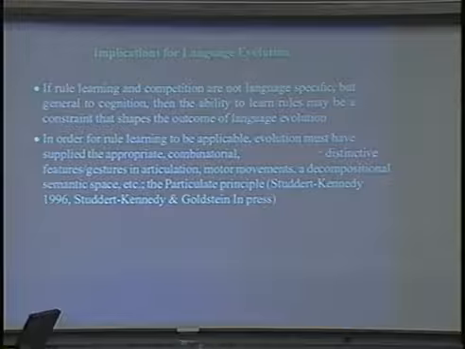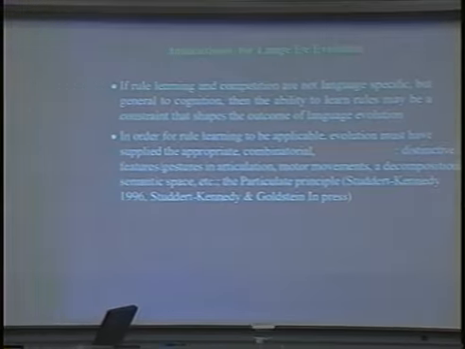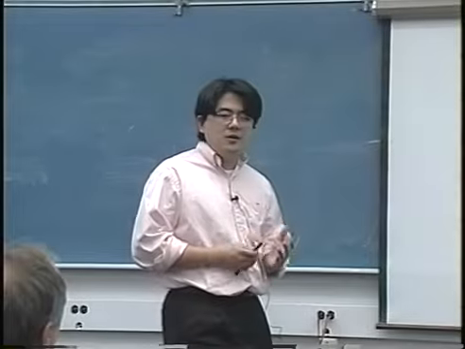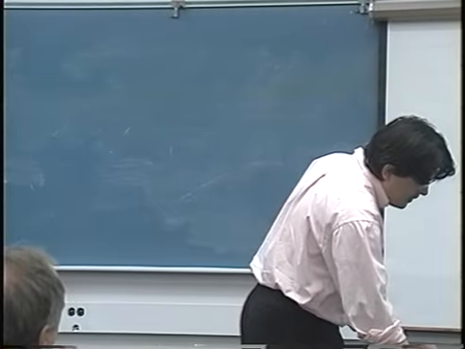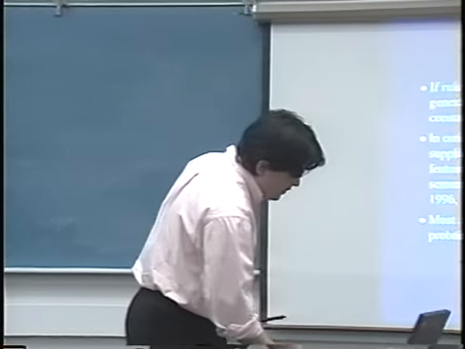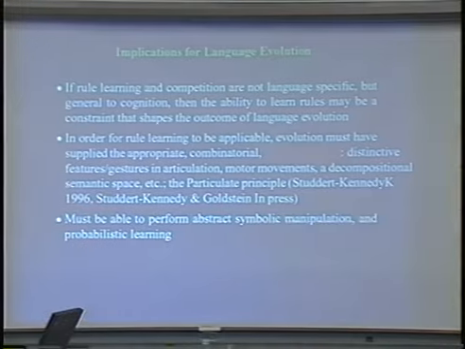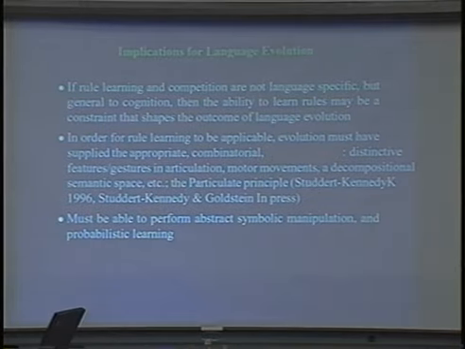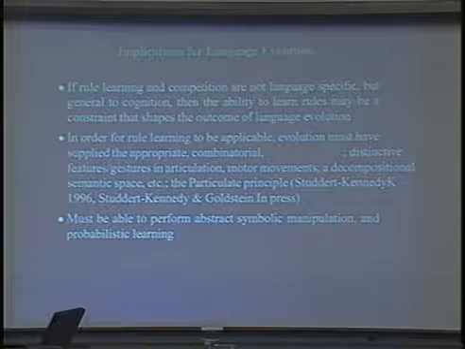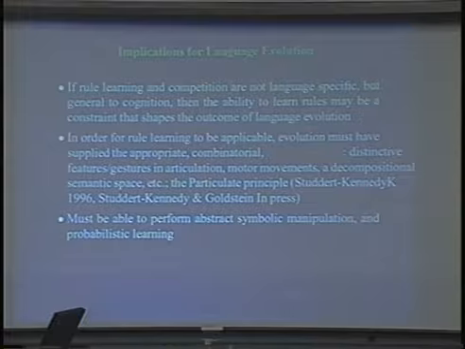It says that basically when something gets complicated, a combinatorial system is inevitable. It's been suggested by Michael Kennedy and in some recent work. But this still means that the learner must be able to perform abstract symbolic manipulations, as we saw in the rule learning case. And also, in addition, probabilistic learning, association, and learning rule applications.